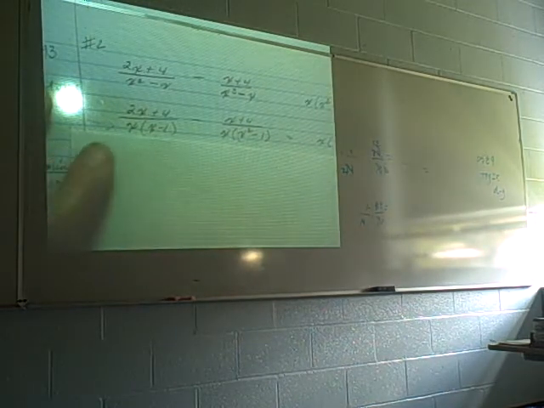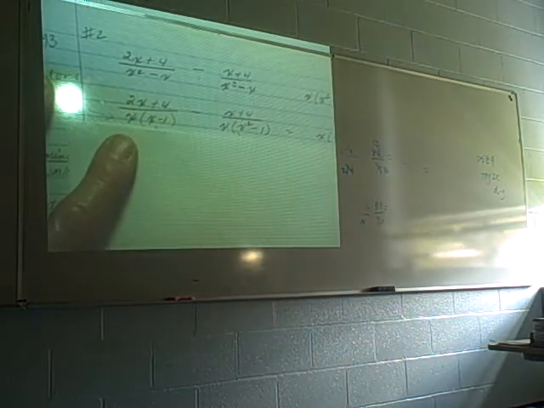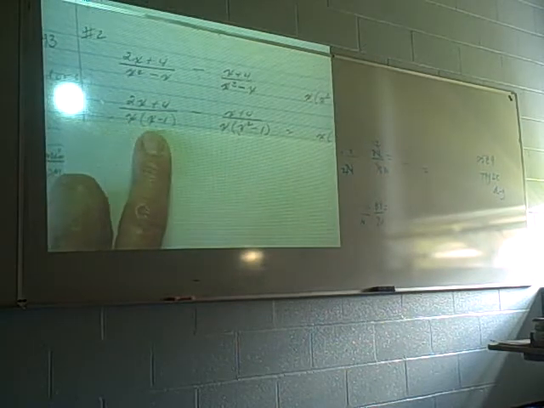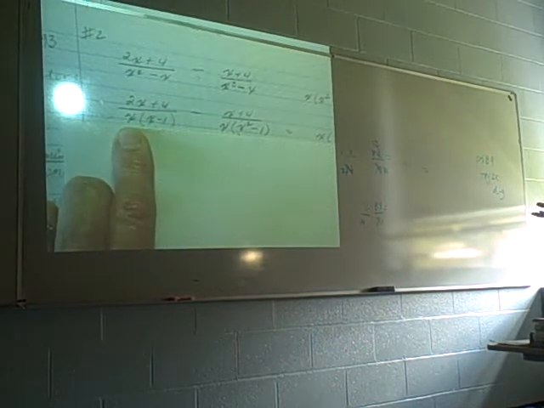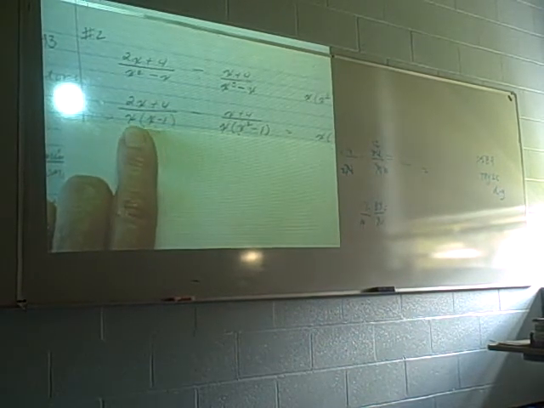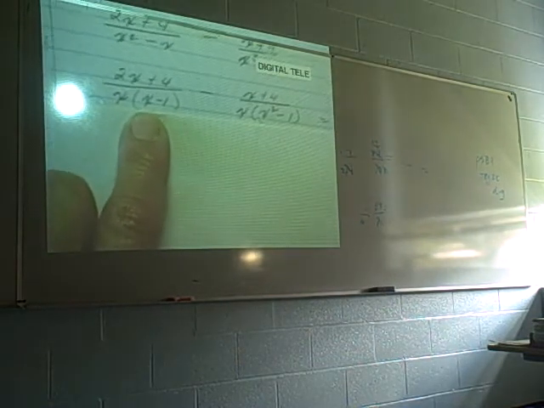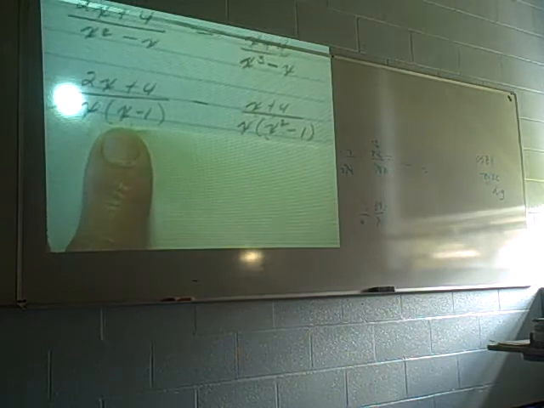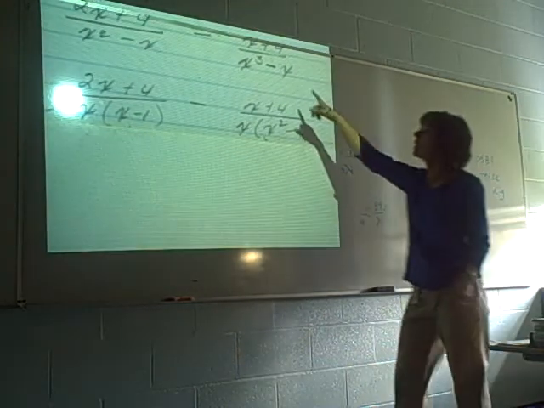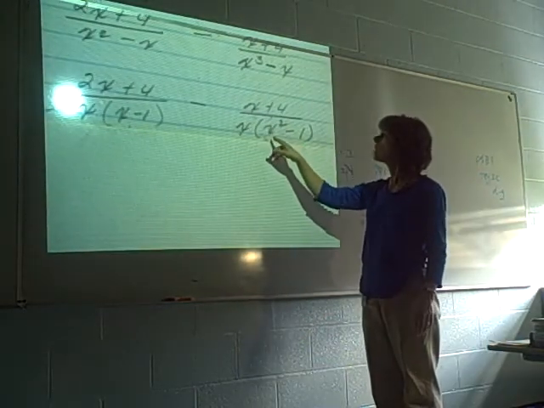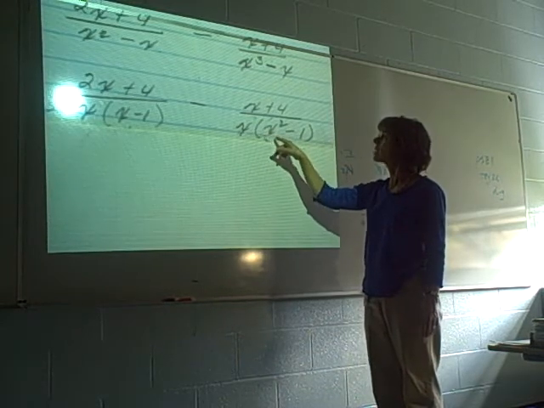Looks like I did the denominator first, so I was looking for x times x minus 1. And then here, I have x cubed, and I pulled out an x.